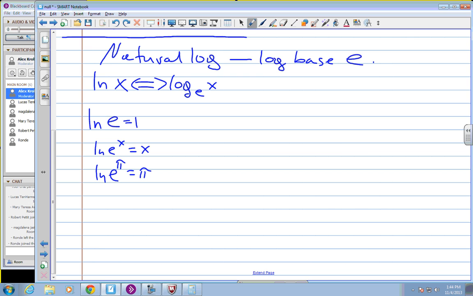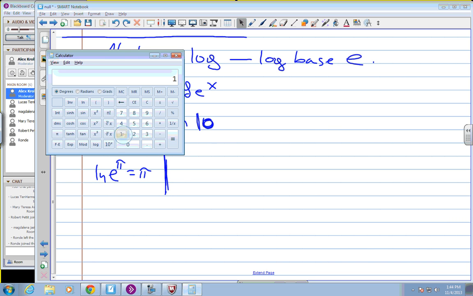Is that okay? At the same time, if I ask you what is natural log of 10, that I cannot do in my head. So ln of 10, I don't really know.